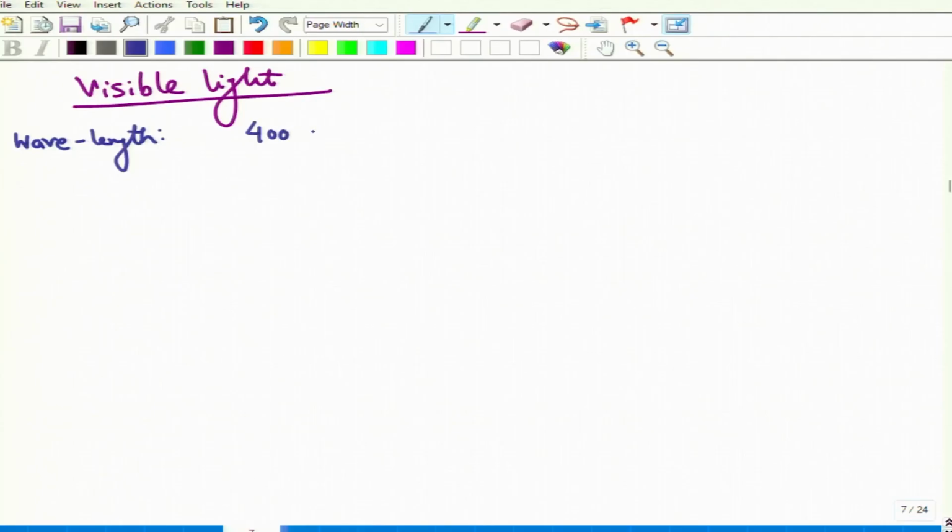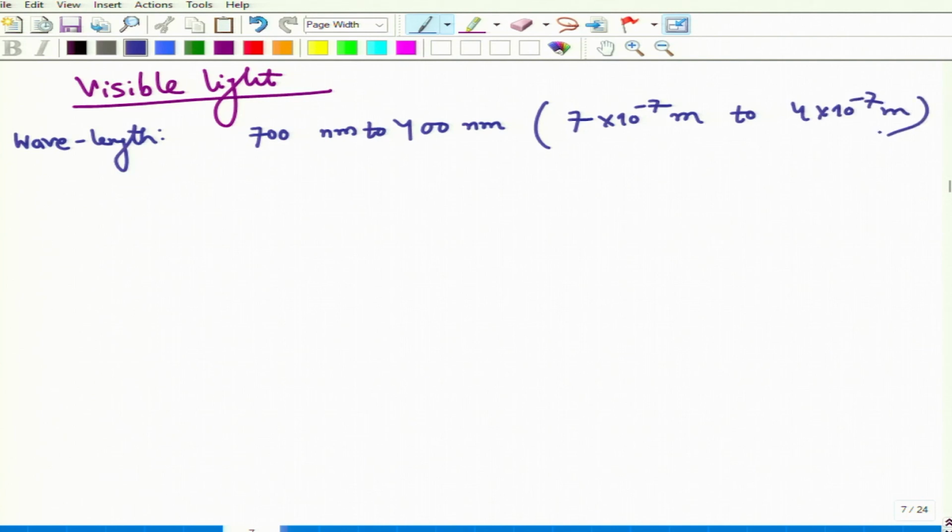Okay, for visible light it is 700 to 400 nanometers, or in meter units we should write it as 7 into 10 to the power minus 7 meter to 4 into 10 to the power minus 7 meter. So this is very, very important. We know that the visible light is VGO, right?